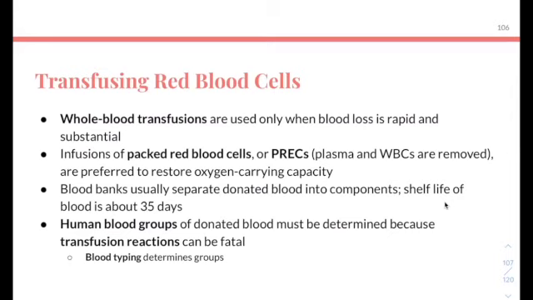They can infuse packed red blood cells, or as they call them, PRBCs. Plasma and white blood cells are removed, and packed red blood cells are used to restore oxygen carrying capacity. Blood banks usually separate the donated blood into components because blood has a shelf life of about 35 days.